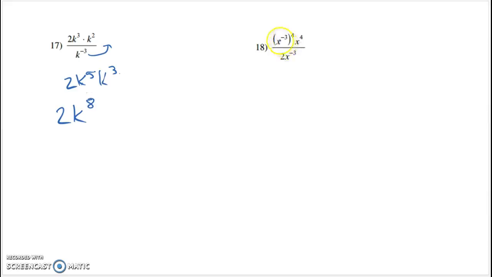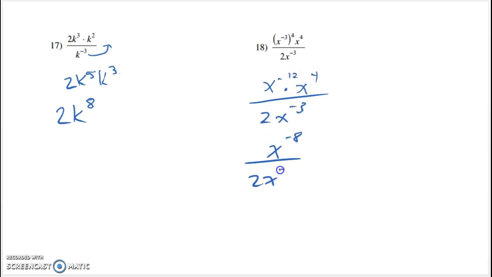And now always start with your parentheses. So we've got a power raised by a power, so x to the negative 12, x to the 4, over 2x to the negative 3. And we can approach this a couple different ways. The way I'm going to approach it is when you multiply exponents and your bases are the same, just add them. So we've got negative 12 plus 4. We've got x to the negative 8 over 2x to the negative 3.